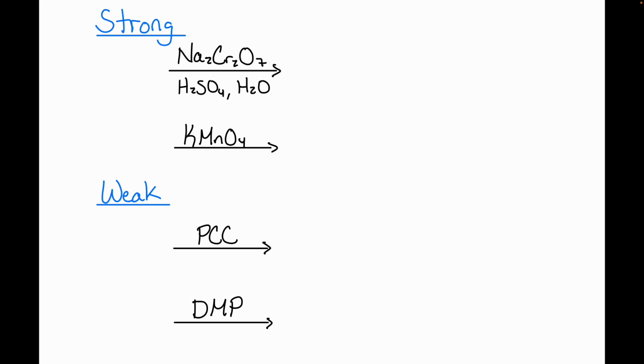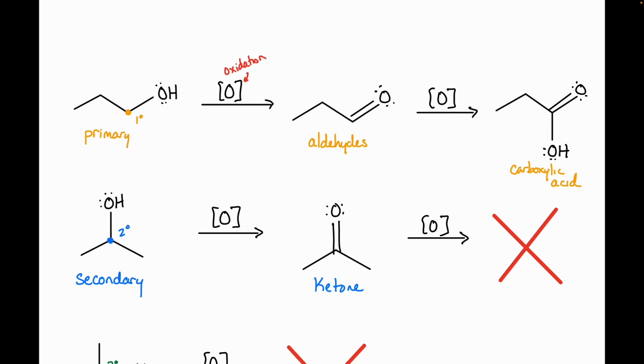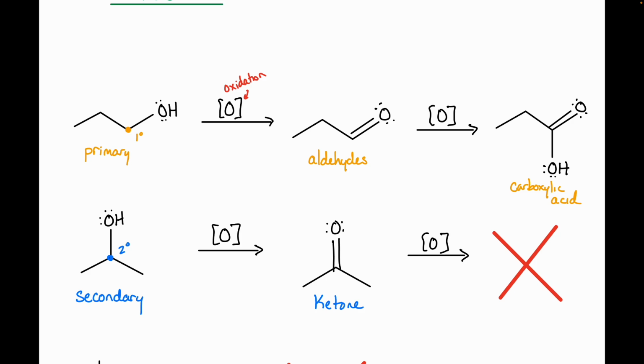All right, so we got these two buckets, strong oxidizers and weak oxidizers. So why are we classifying these differently? They both perform oxidation reactions. But if we go up to the top here, if we were to take a primary alcohol and use a strong oxidation agent, we would see that it does not stop at that aldehyde step.